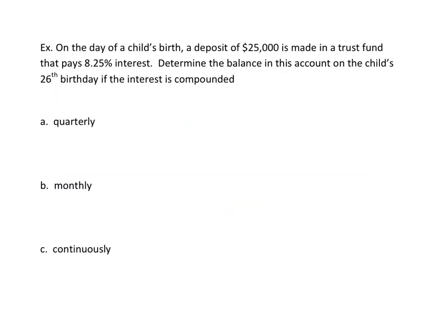Let's say when you're born, you are starting out with a trust fund of $25,000. So there's our principal. Your rate is going to be 0.0825. Determine the balance, which is your A, on the child's 26th birthday. There's your t. If the interest is compounded, let's try quarterly.